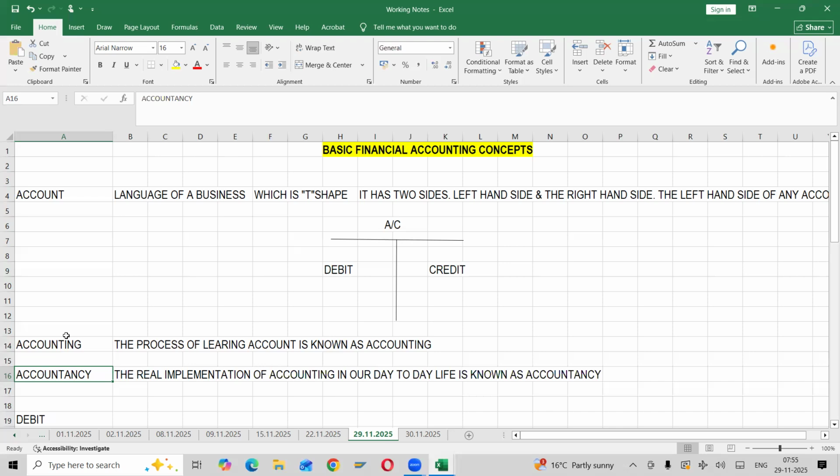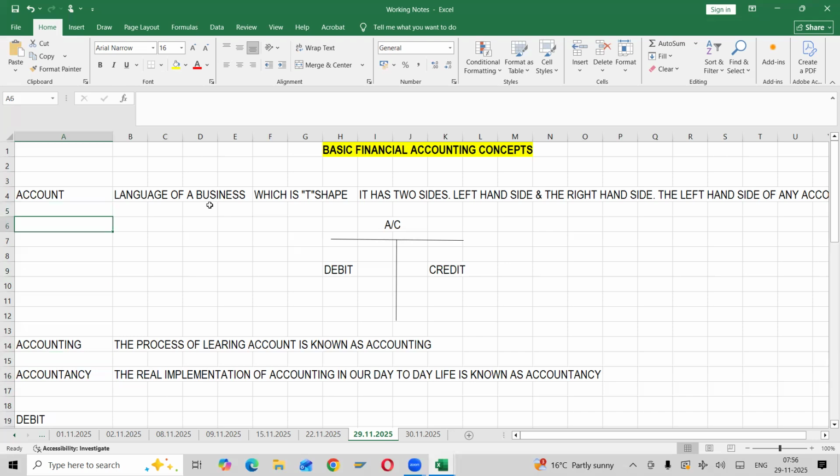Chartered accounting is when someone says they are doing their chartered accounting, they are learning it; when they start practice, then it is accountancy. The three terms are very important: account, accounting, and accountancy. If you are a student learning, it is accounting; if you are already working, you are doing accountancy. And account is the language of business.